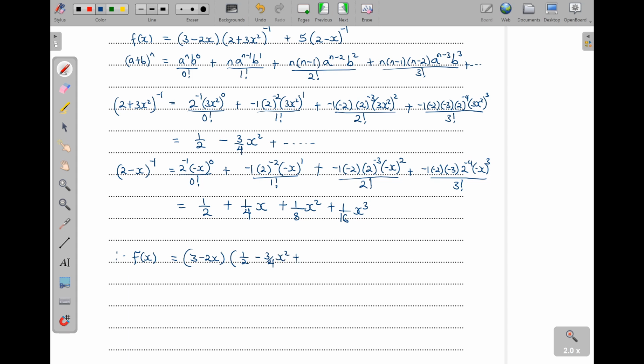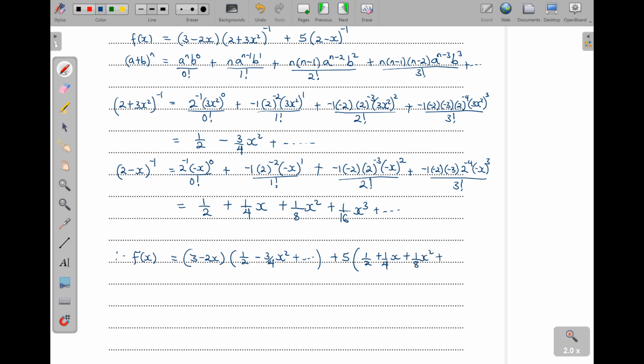Remember, we ignored the other power that was coming forth, which was x power 4. Okay, then this is x power 6, so we don't need them. Now, the next one here is plus 5, then times what we have gotten here, okay? And this one is also continuing. So we have a half, then plus 1 over 4 of x, then plus 1 over 8 of x squared.